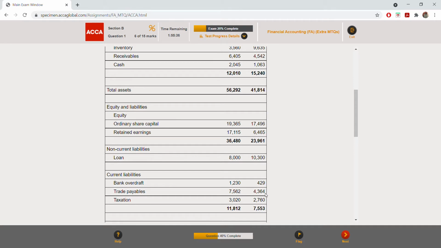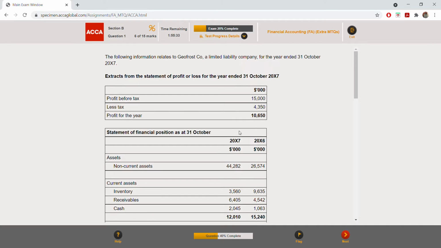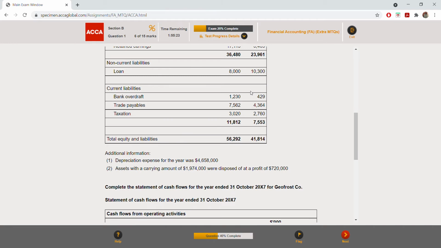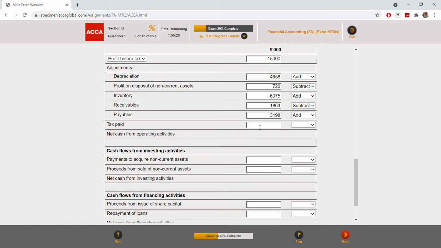From that 2760, what was the tax expense? It is this 4350. So you add both and then you deduct the closing year tax liability, which is 3020. So it will be 4090. Tax you subtract, right?